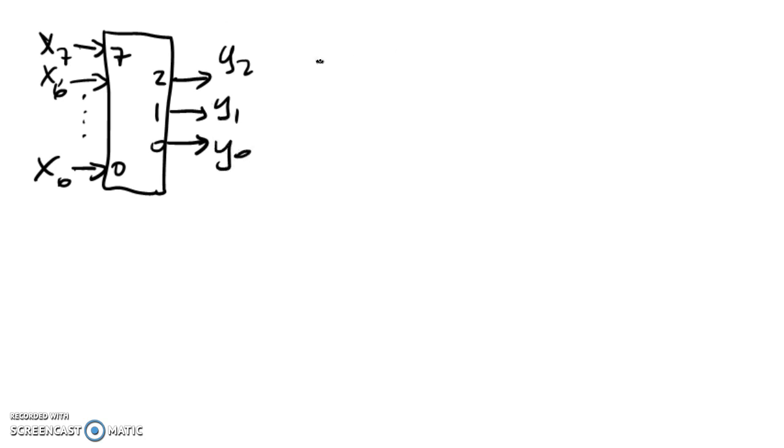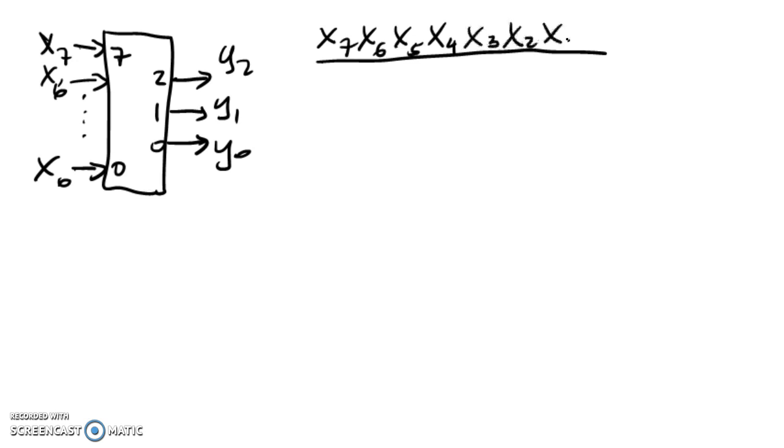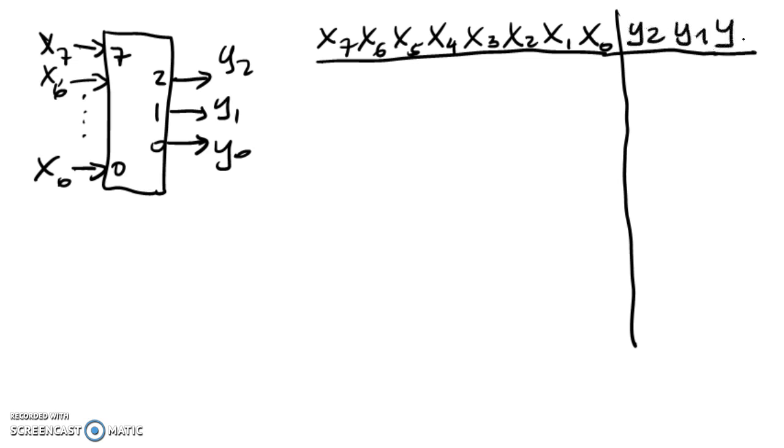And the truth table is quite big, containing here 8 inputs, and you cannot minimize it using K-map. K-map up to 4, 5 maximum variables. And how to face this problem, how to solve it, how to find the minimized solutions for y2, y1, y0.